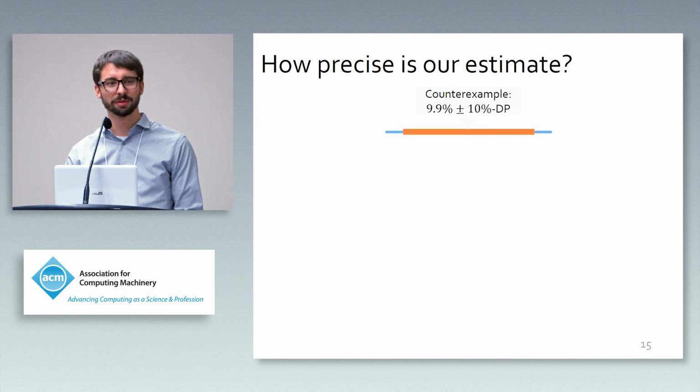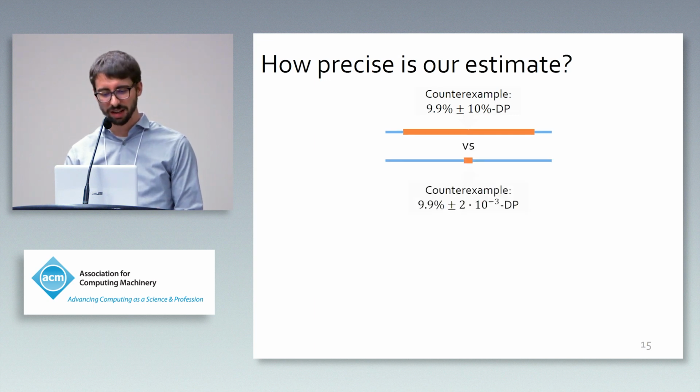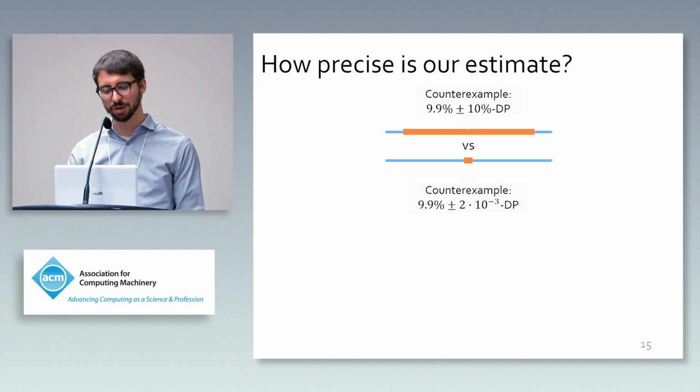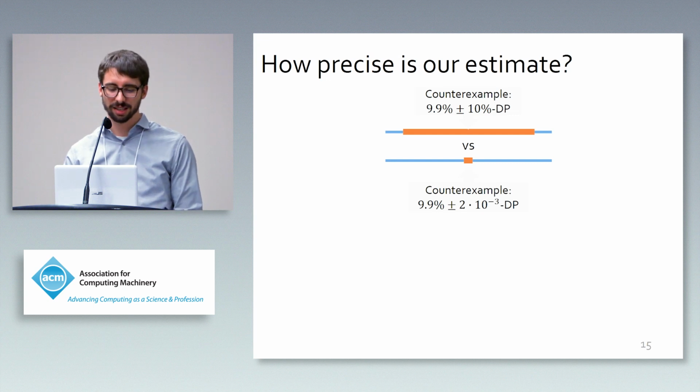What we would like to have is, of course, a much higher precision. And in this work, we aspire to a precision of 2 times 10 to the minus 3, which is a lot higher than 10%. And this allows us to give a reasonable estimate of what exactly the epsilon of our counterexample is.